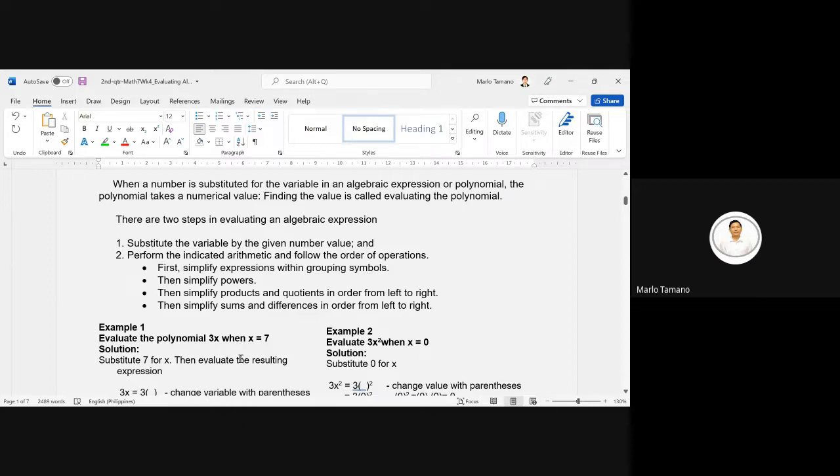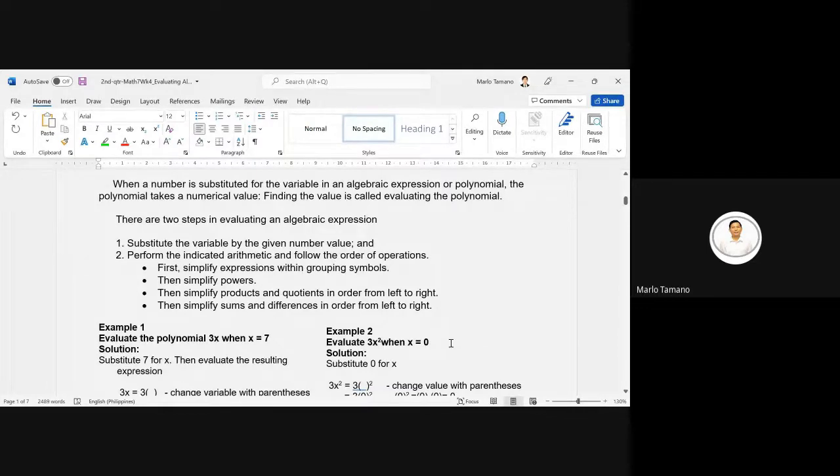We have the parenthesis, braces, and bracket. Yun po yung grouping symbols. Yan po yung kapag gusto mo pagsamahin yung dalawa, gagamitan mo ng parenthesis. Ganun po yung tinatawag nating grouping symbols.